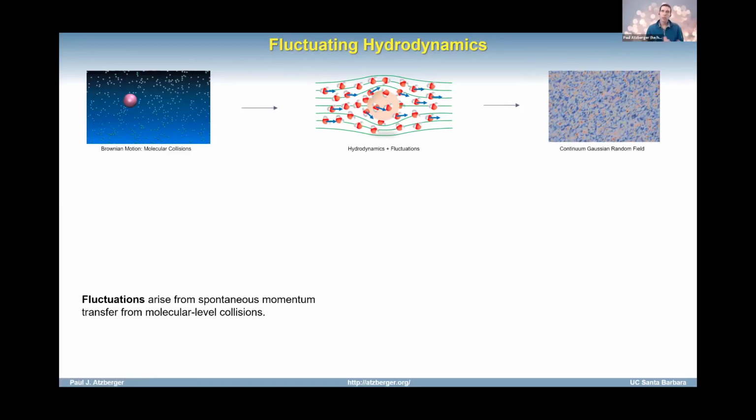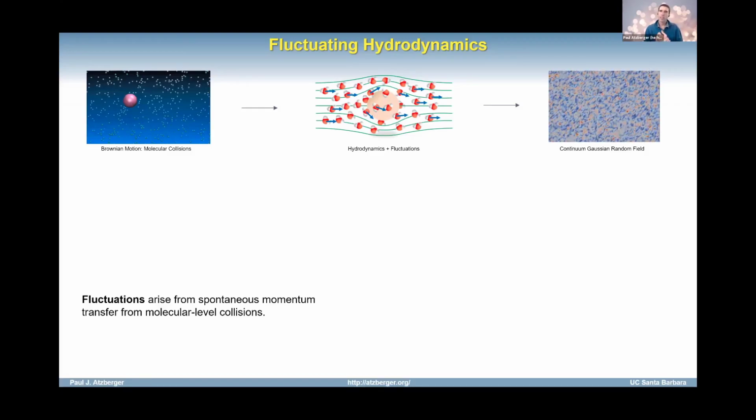And due to results like the central limit theorem, it's very natural to consider Gaussian random fields. So essentially, every location will be a Gaussian random variable, but the challenge then becomes to find the appropriate correlation structure so that you are capturing this spontaneous transfer of momentum.